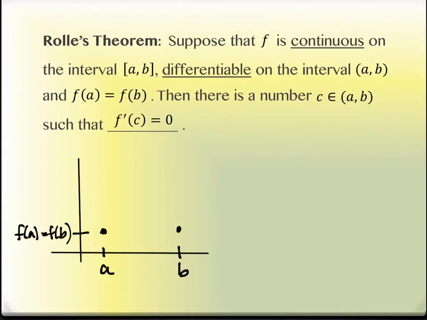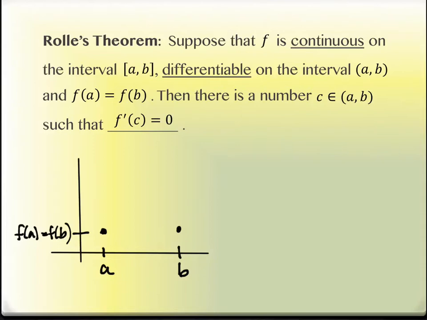And I have to get from point a to point b continuously. So I can't have any jumps, can't have any holes, nothing like that can happen. I've got to get there without lifting my pencil, so to speak.